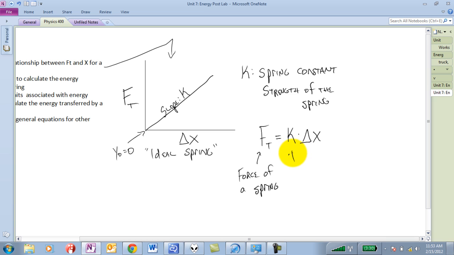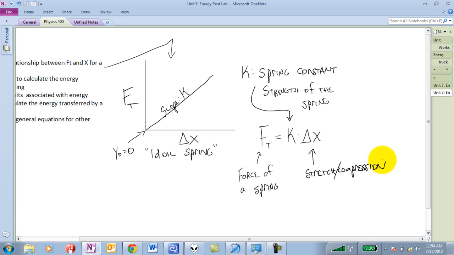And K is our spring constant, and delta x in this equation is going to be the stretch, as we saw in our lab, or the compression. Springs can also compress. They also follow the same exact formula.